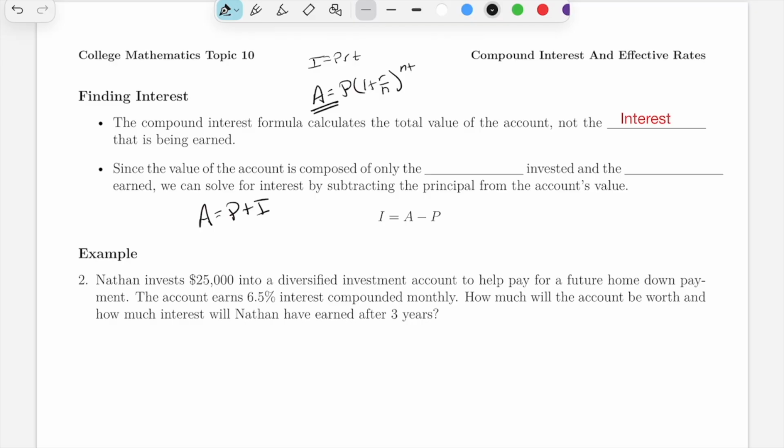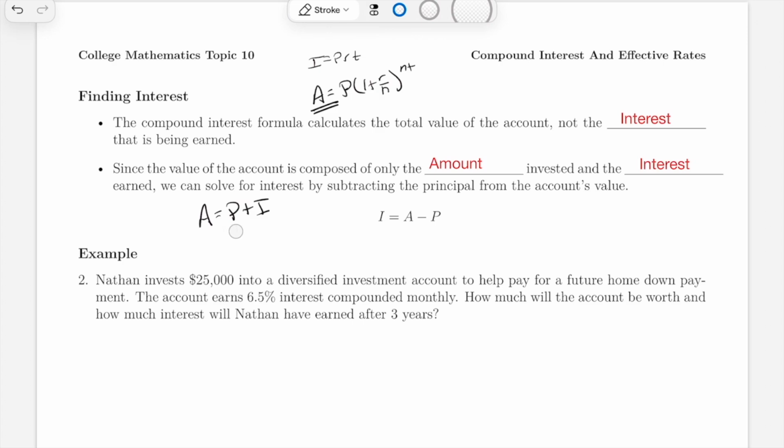And so we've got to be careful because some questions will say, how much interest did you gain? Since the value of the account is composed of only the amount invested, which is your principal, and the interest, the extra money that's earned, we can solve for the interest. All we've got to do is subtract the principal.